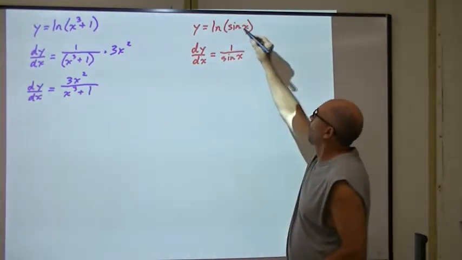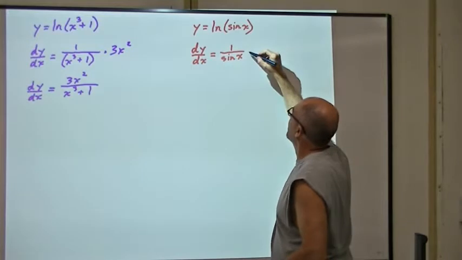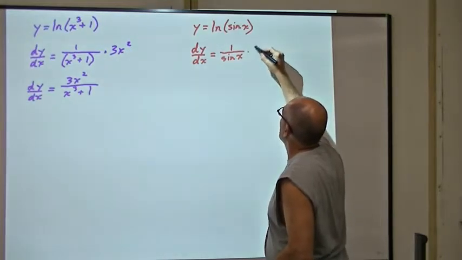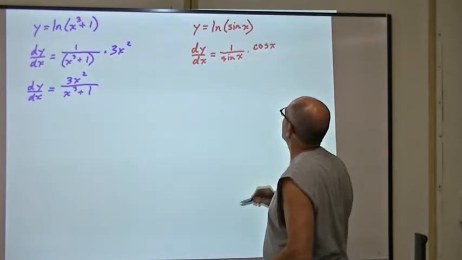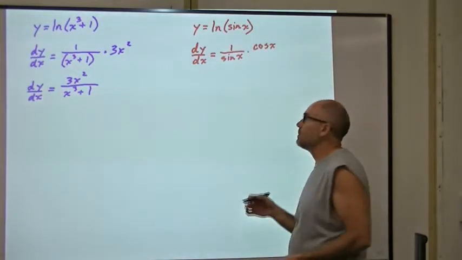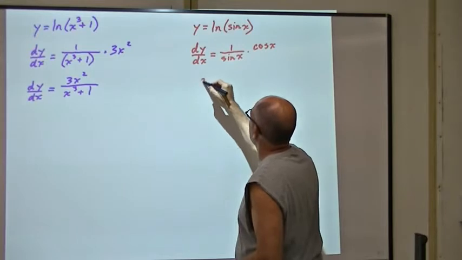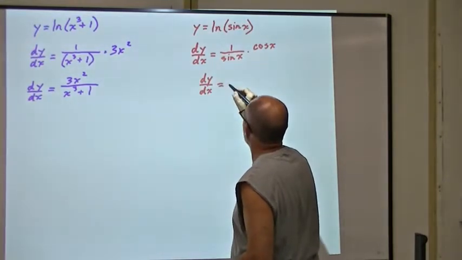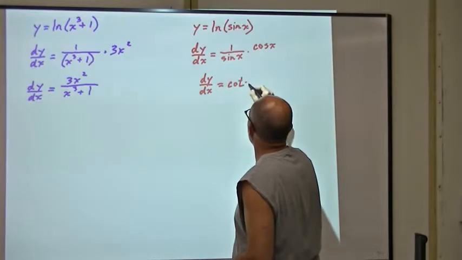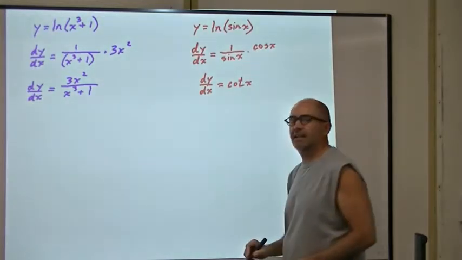So 1 over sine x times the derivative of sine x, which is going to be cosine x. And that's it. If we clean this up, cosine over sine is cotangent x. That's it. Game over.